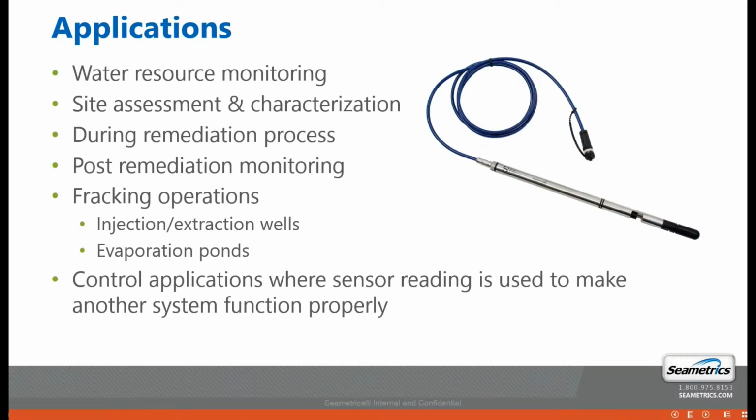We have all sorts of remediation processes, both post-remediation monitoring and monitoring during the remediation process. Fracking, they're checking all the waters to see if they're getting pollutants in them as they're going that deep. And then control applications where sensors are being used to check up another system and make sure everything's functioning properly.